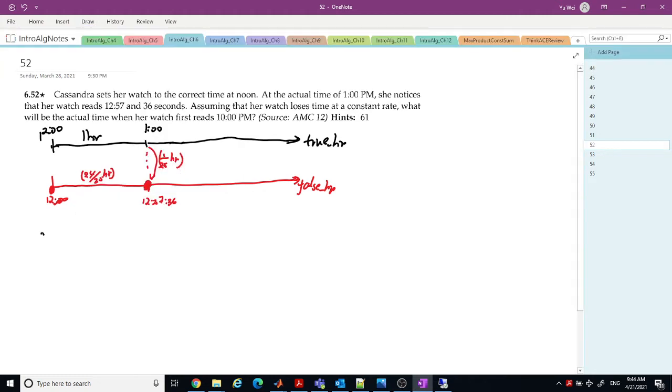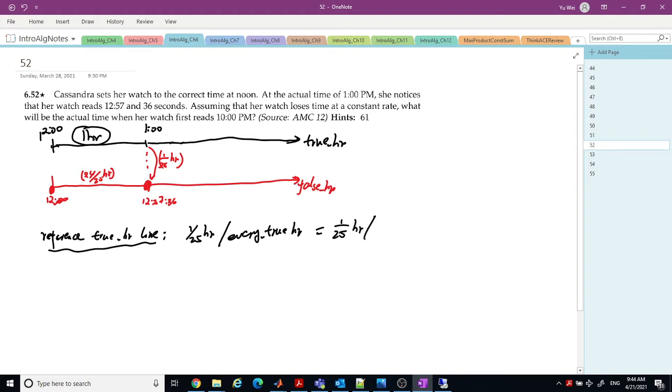So the first, we can reference into the true hour timeline. In this case, we are losing 1 over 25 hours for every true hour, because this is 1, right? For 1 true hour. So the ratio is 1 over 25 hours per true hour.